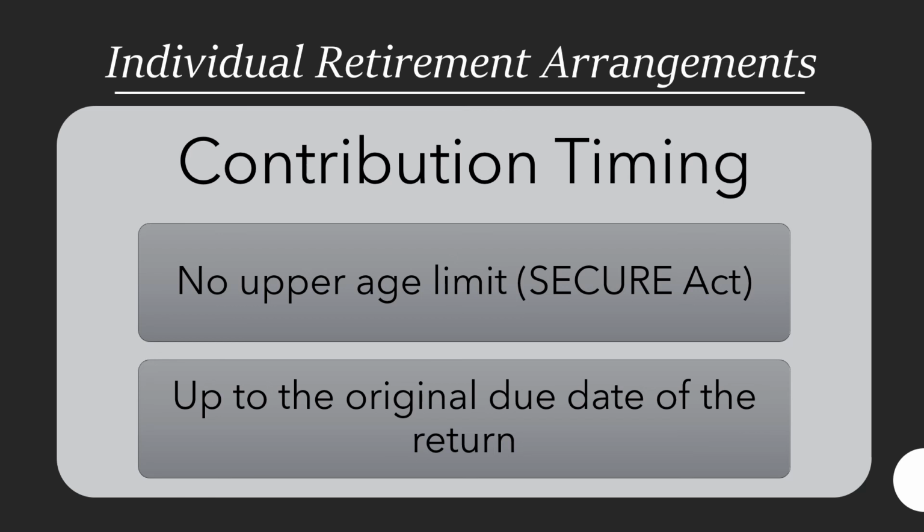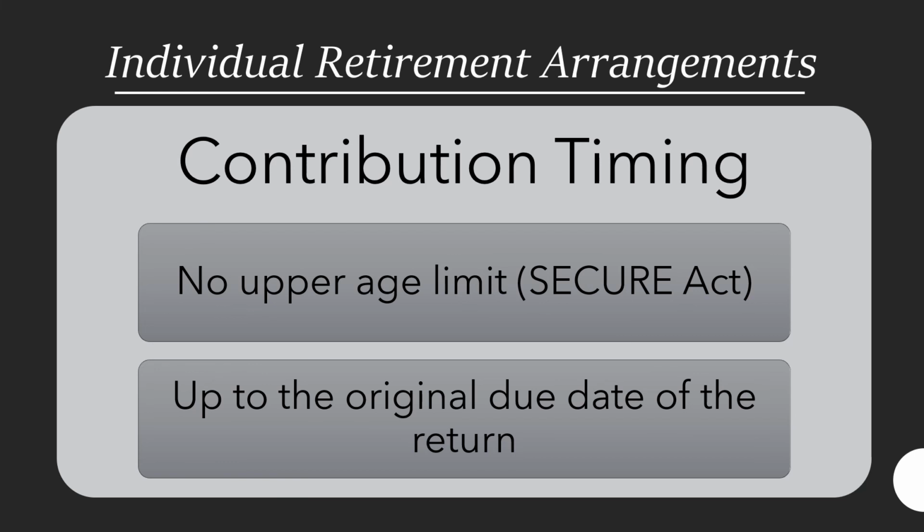So even if December 31st has passed and they haven't made a retirement contribution, but they intend to make a contribution before the due date of the return, so April 18th for this year, then they would be able to deduct that on their return. And that's not a completely uncommon strategy.